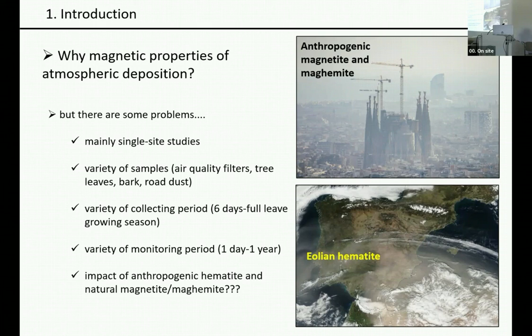So all these characteristics somehow blur the interpretation that can be done from present day papers that have been published up to now.